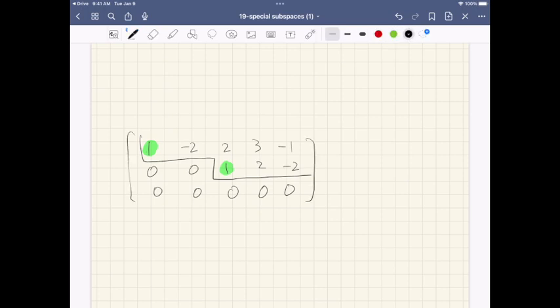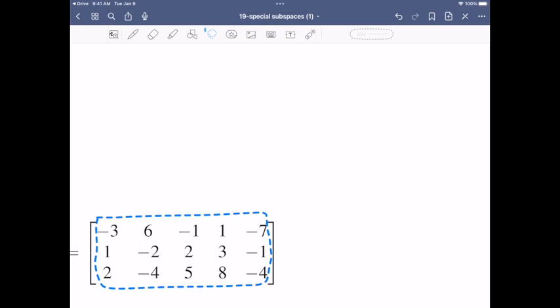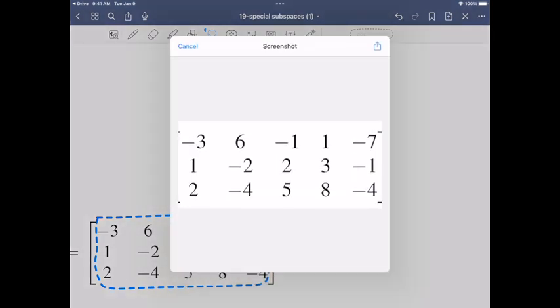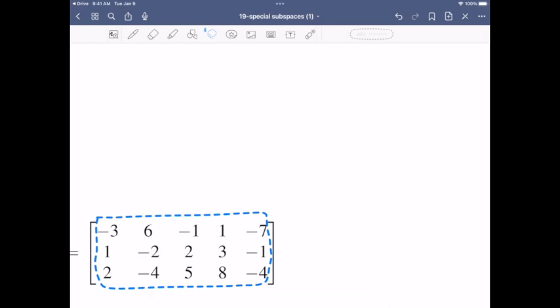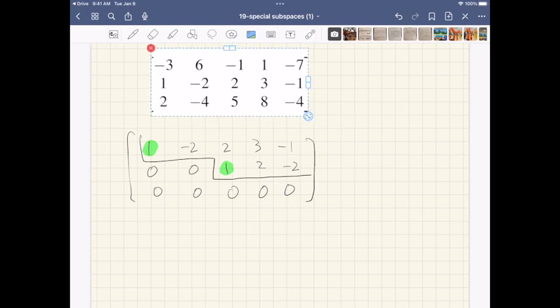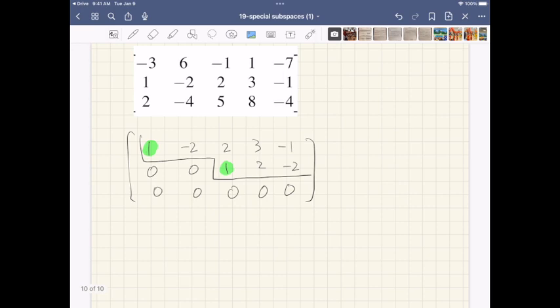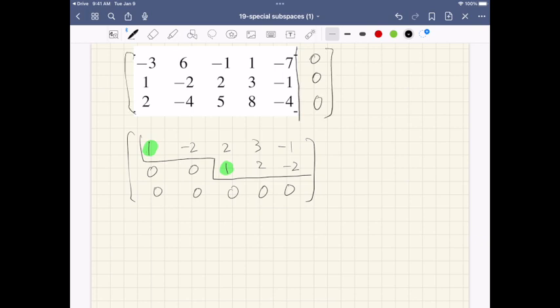This is REF, and we actually want to solve the augmented matrix given by 0, 0, 0 on the right hand side of the line.